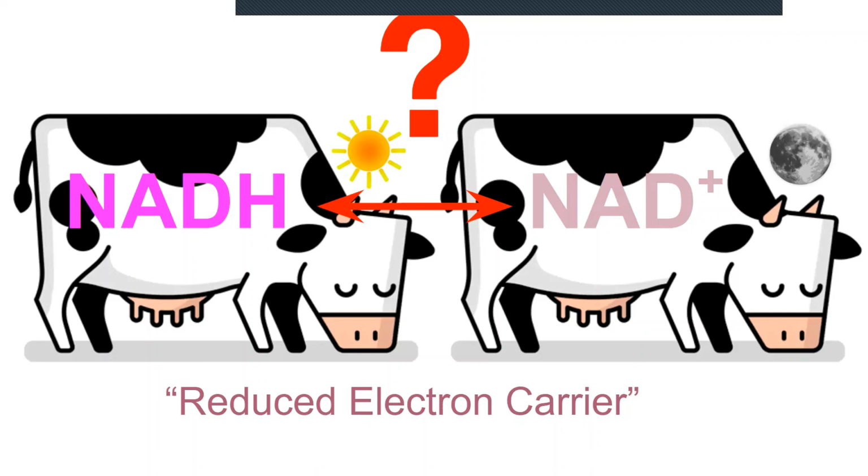What is the purpose? So what do they then go and do with that energy? So then the cows, the NADH, which has electrons to give, goes to the pump and shares its electrons. Yes, totally. It's an electron carrier. Awesome.